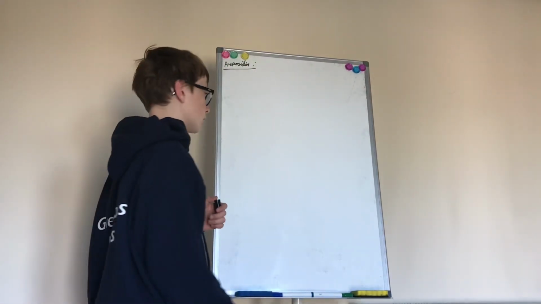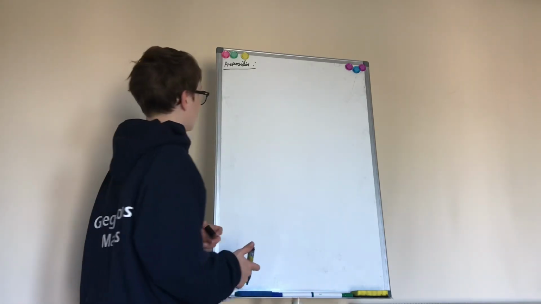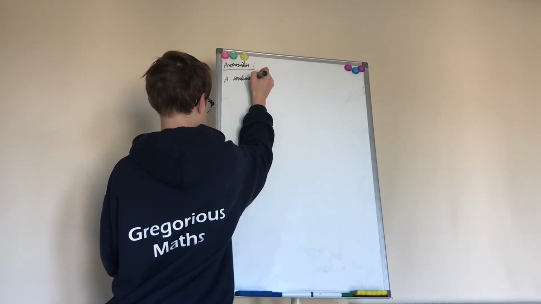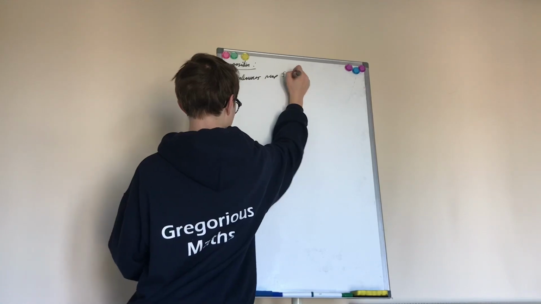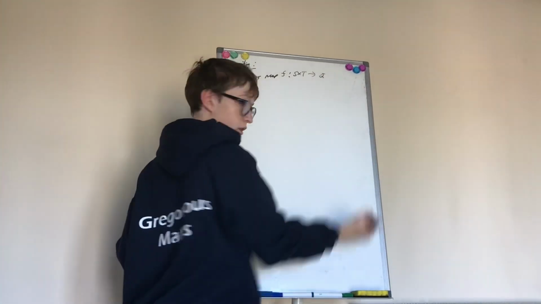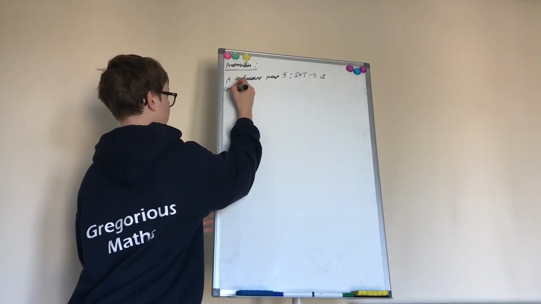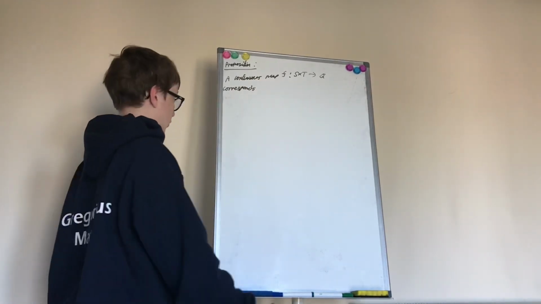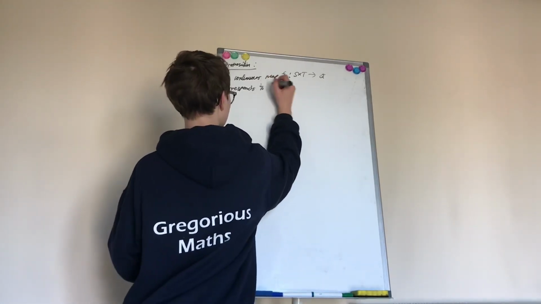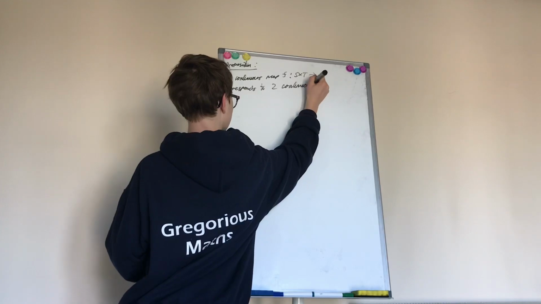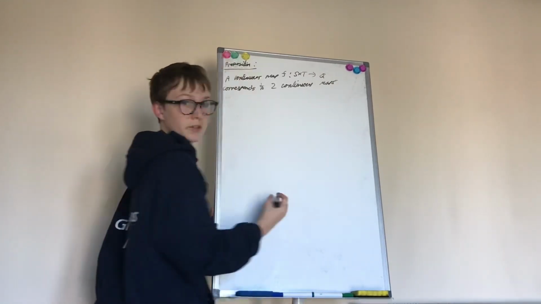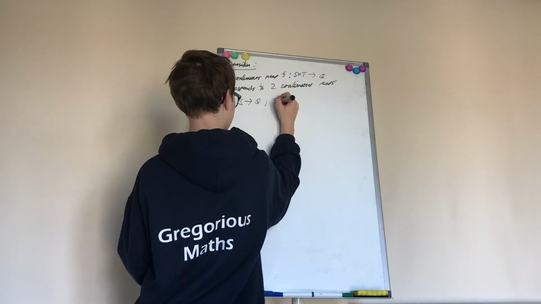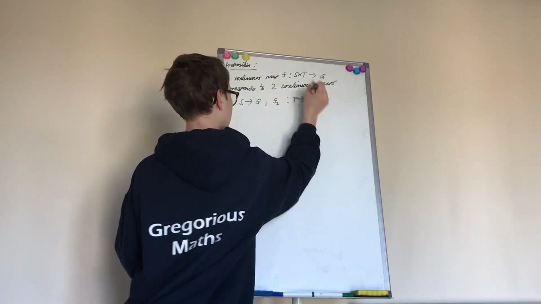Well, I propose that a continuous map F, which goes from S cross T to Q, corresponds to two continuous maps, F1, which takes you from S to Q, and F2, which takes you from T to Q.